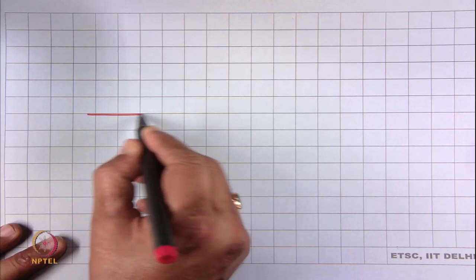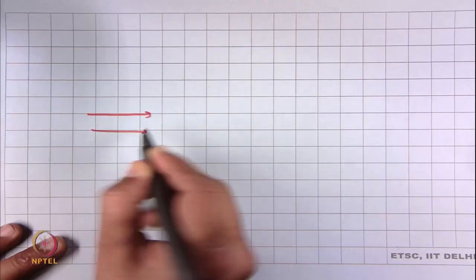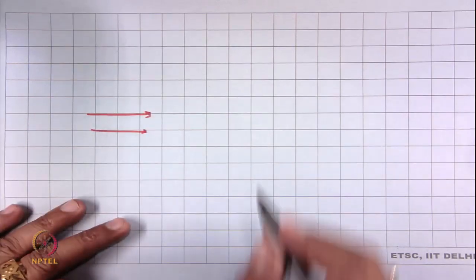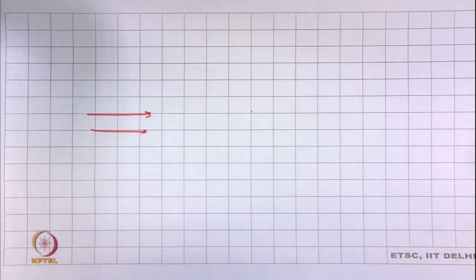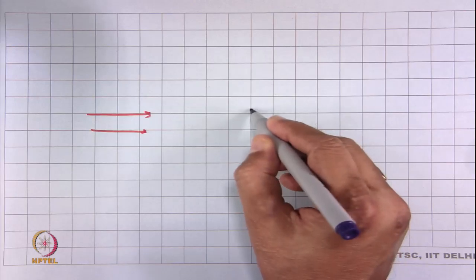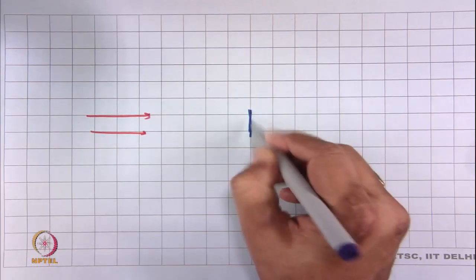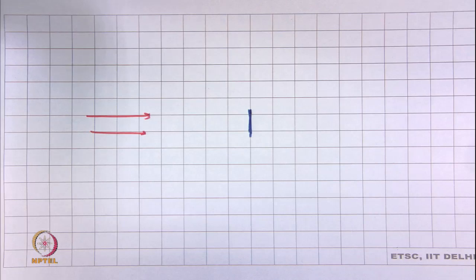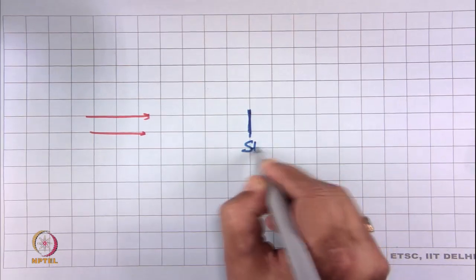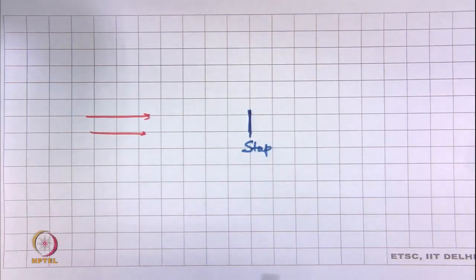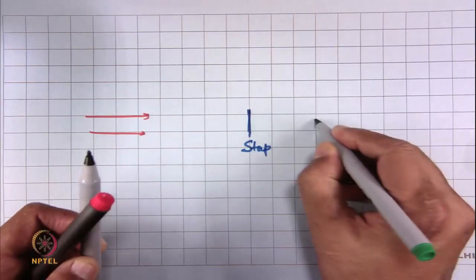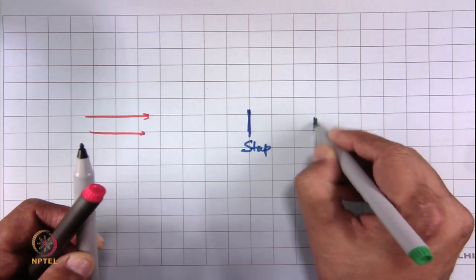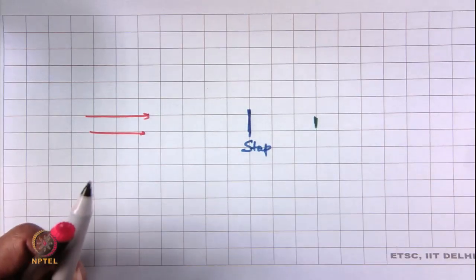Suppose this is a light source, and here we have something which blocks the light, and somewhere here we have a receptor, a light receiver.